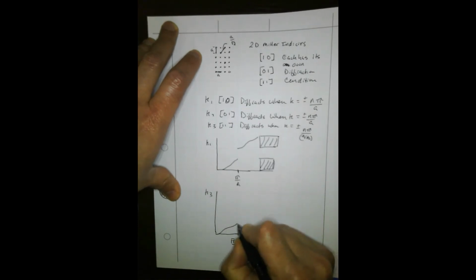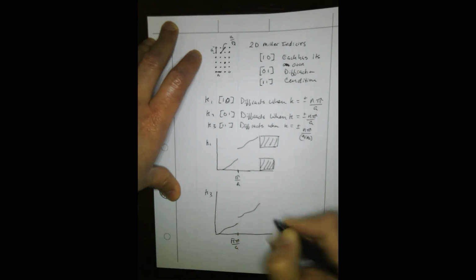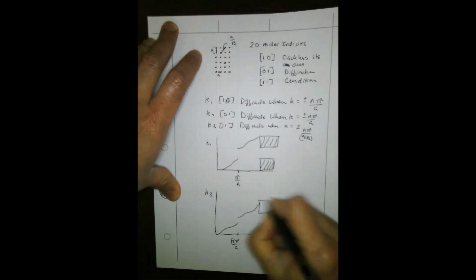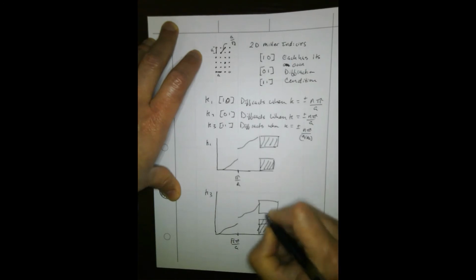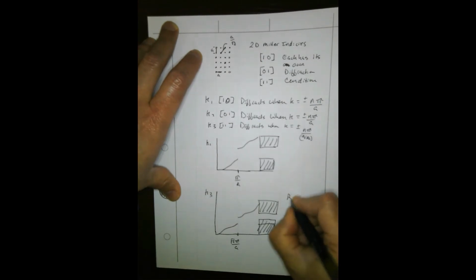And so I'll try to draw it smaller. No, I didn't draw it smaller, so hold on, there we go. Okay, so the Brillouin zone is bigger, so the gap is smaller. So bigger Brillouin zone, we'll call it BZ.